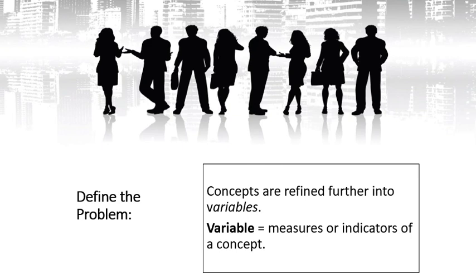In a research study, your concept is refined into a variable. And most of you have heard the word variable in a lot of different classes before, mathematics and science classes mainly. In this context, a variable is a measure or indicator of a concept.